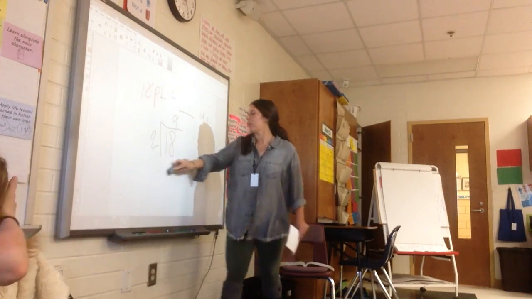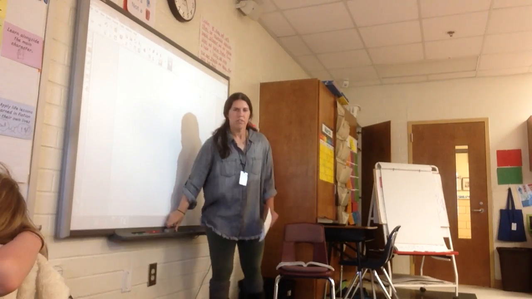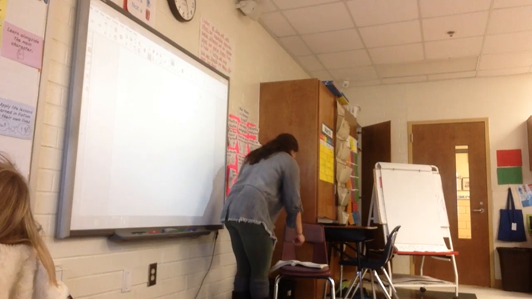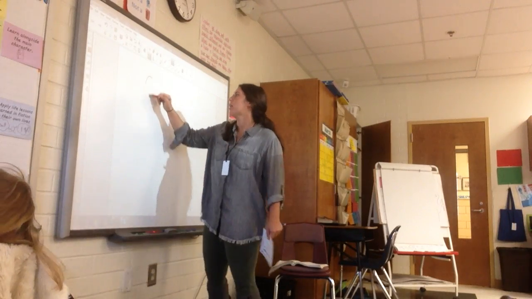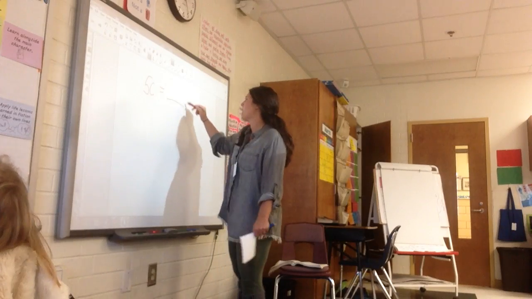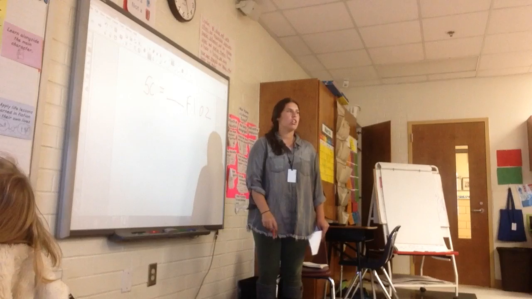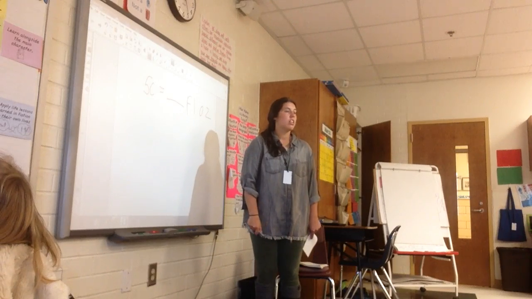We're going to do one more together, and then we're going to go on to our independent practice. So we have 5 cups equals how many fluid ounces? Are cups bigger or smaller than fluid ounces? Bigger.